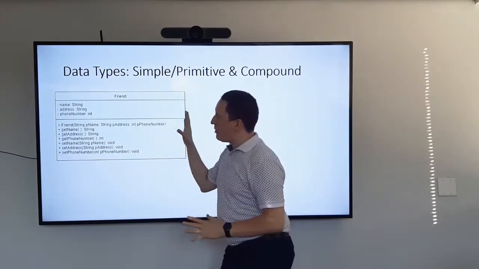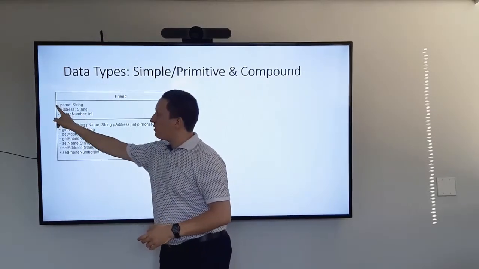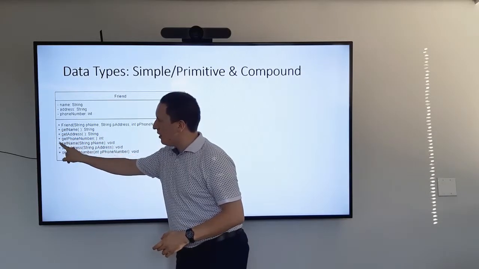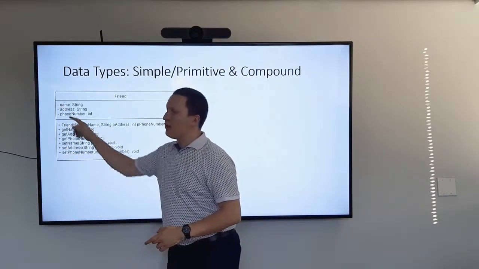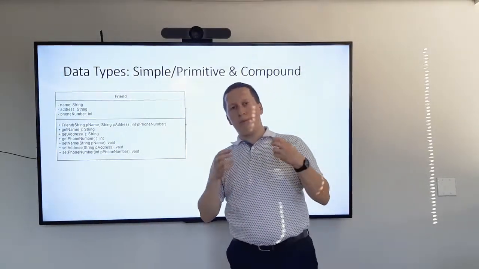Also, we are observing in this class, friend, that there is a minus and a plus. The minus refers to the properties. That means those properties are going to be private.